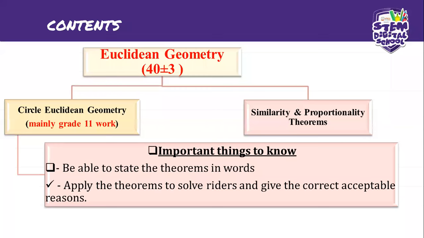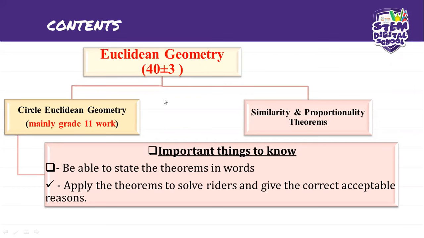Now under content, as you can see on the screen, we have Euclidean geometry. This topic itself contributes 40 plus or minus 3 marks for paper 2, right?